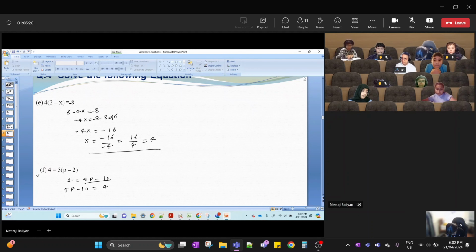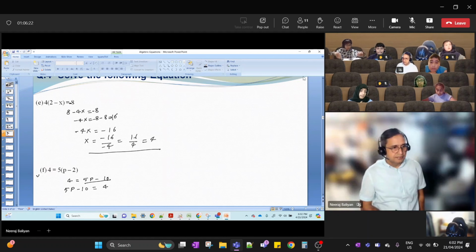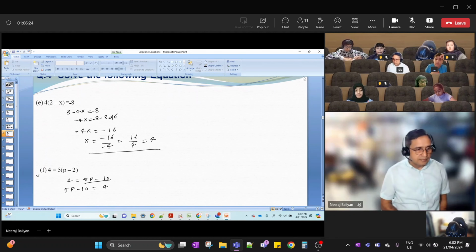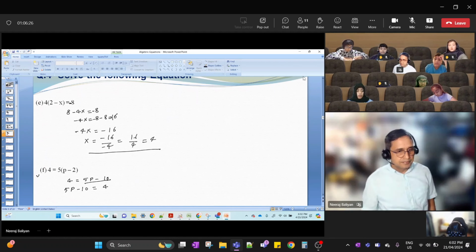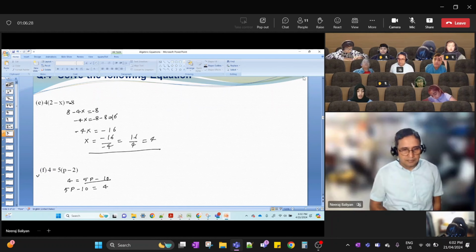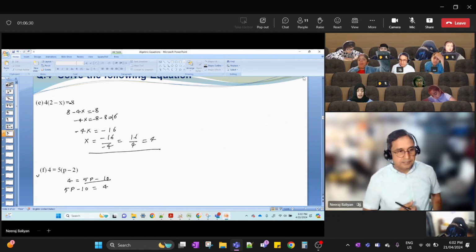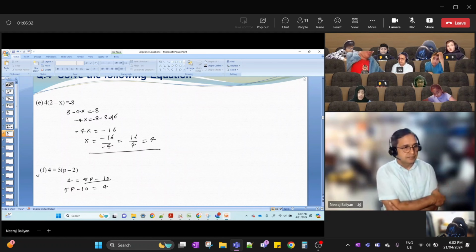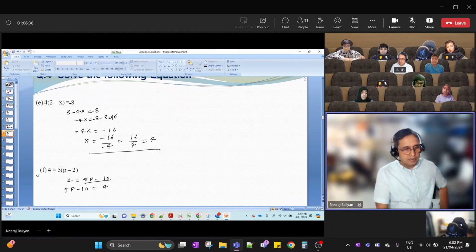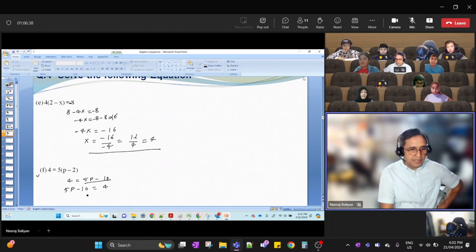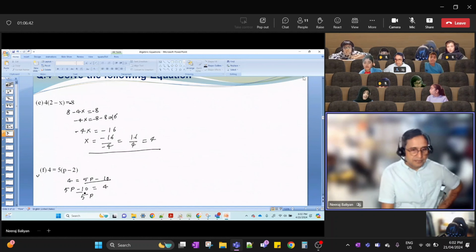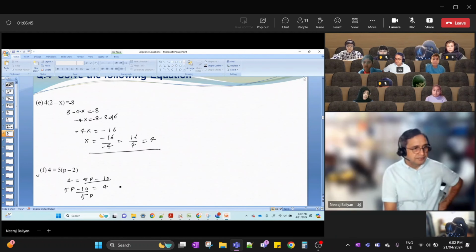So what will be the next step? I'm a little confused. No problem. Let's do it together. So you will keep 5p alone, and you will move minus 10 to the right side.